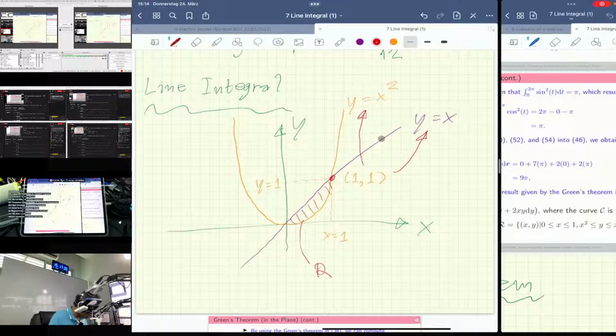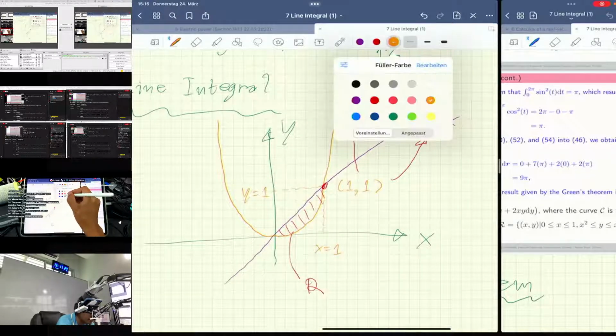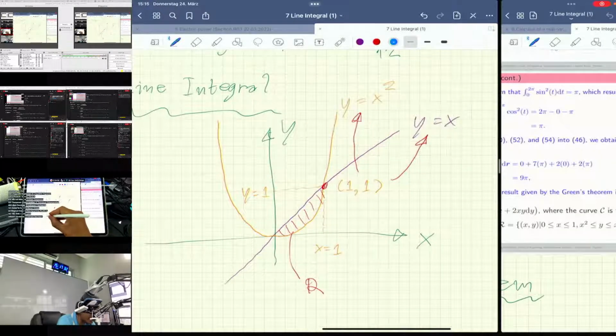Now we can draw the curve from this one. Once we know this, there will be two routes actually. The route is the following. You have to go along this. That's C1.